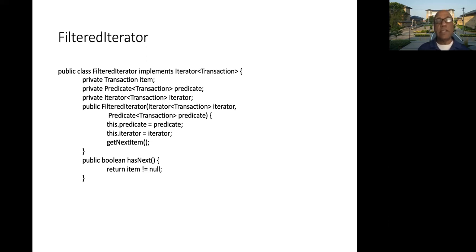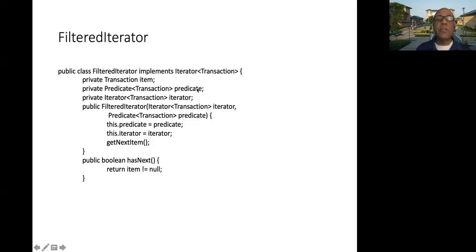Another idea that we have here is a filtered iterator. That is an iterator to selectively iterate over transactions or any other object if you want it. So let's imagine we want to get transactions on a specific date.